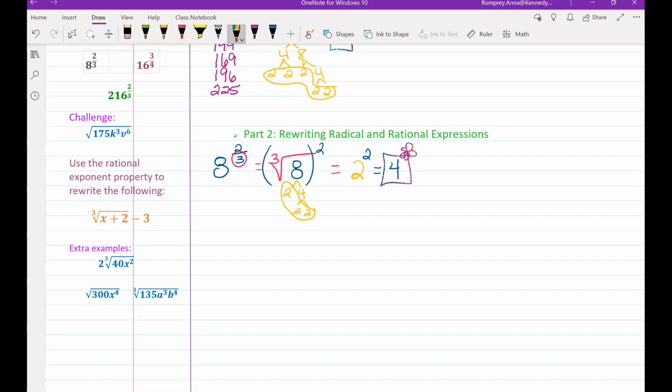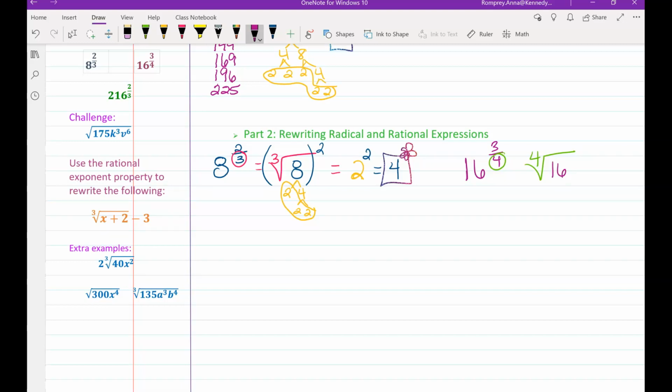16 to the 3/4. So again, I like to begin by circling my index. So this is a 4th root this time. So we are going to take the 4th root of, keep my base, of 16.